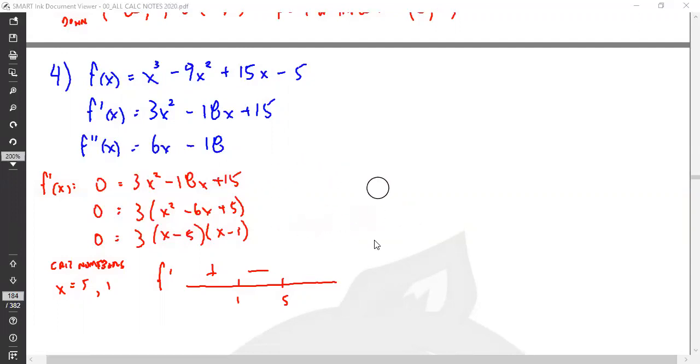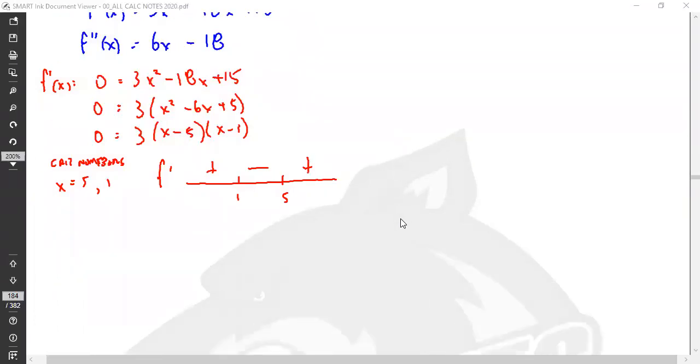And then when x is greater than 5, this is 3, which is positive, 6 minus 5 is positive, 6 minus 1 is positive. So positive, negative, positive.